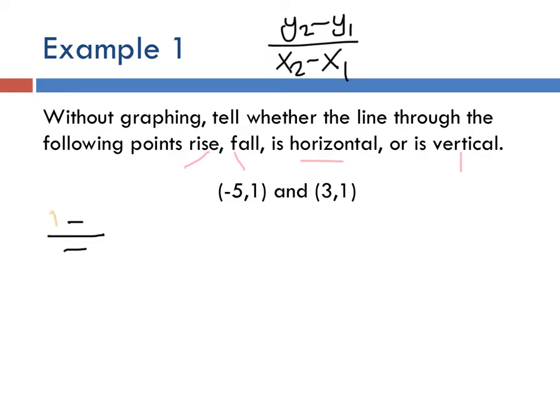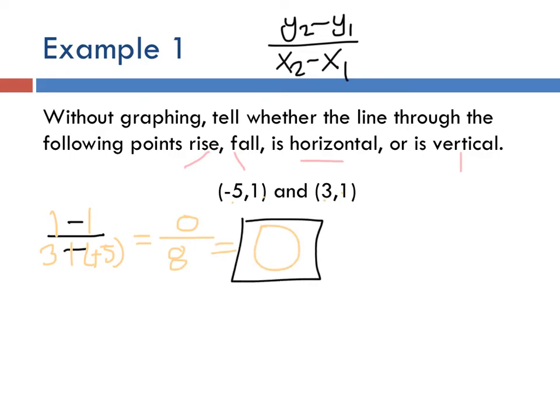So it's 1 minus 1, over 3 minus negative 5. So these two become positive, and then you get 1 minus 1 is 0, over 3 plus 5 is 8. What's 0 divided by 8? 0. So because this is a 0 slope, it is going to be horizontal.